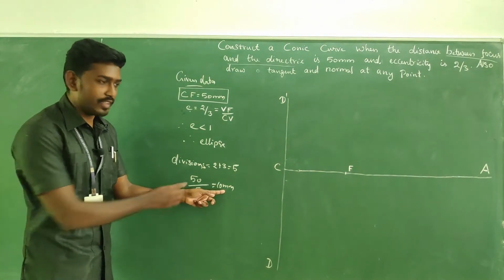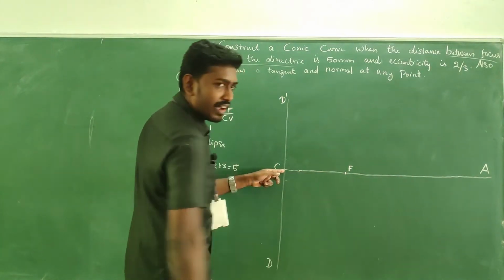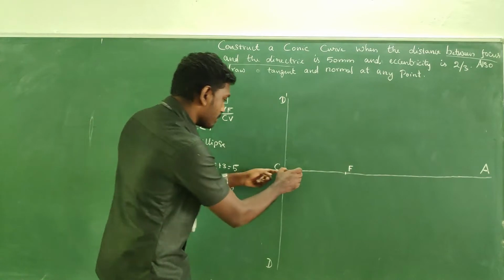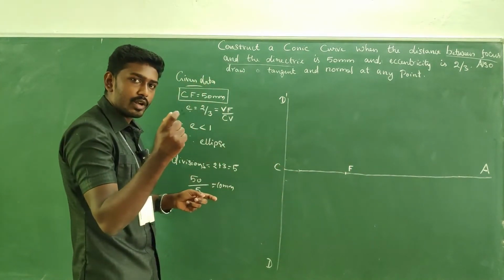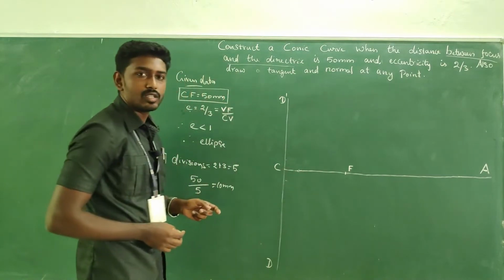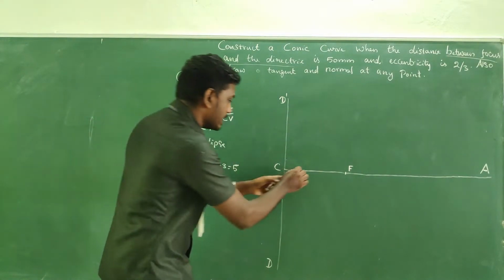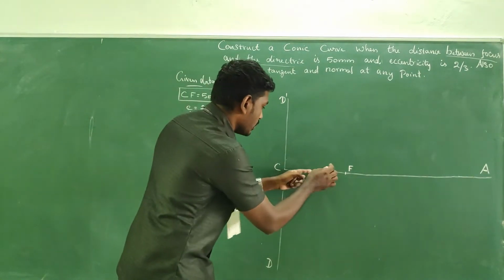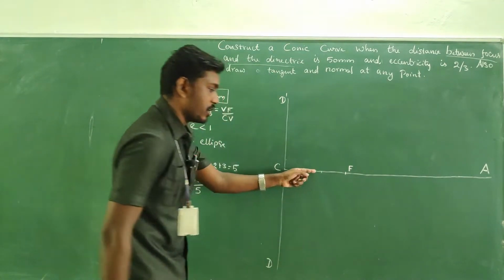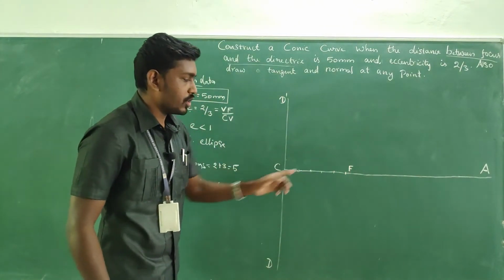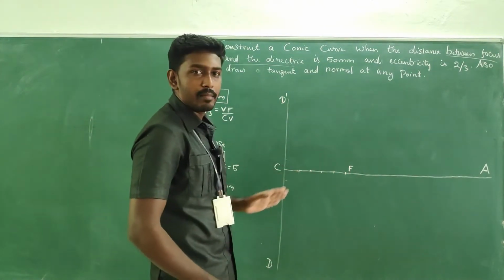With 10 mm, we can make 5 equal parts between C and F. Measure 10 mm with your compass, and from the C end place a dot, then keep another dot, 2, and again 3, taking the point from the end. You will get 5 equal parts.